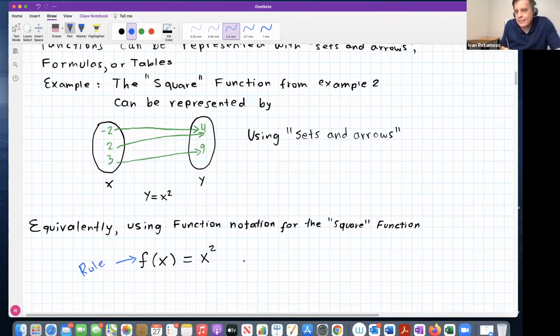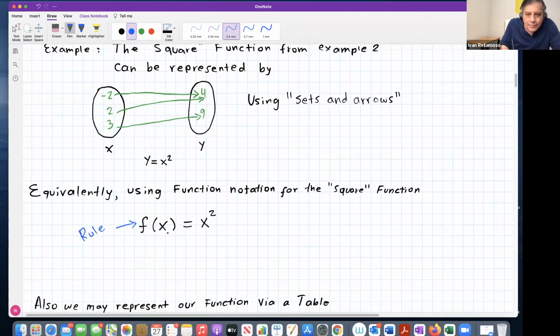Rule. This x should be the input value. This x squared, the output value.